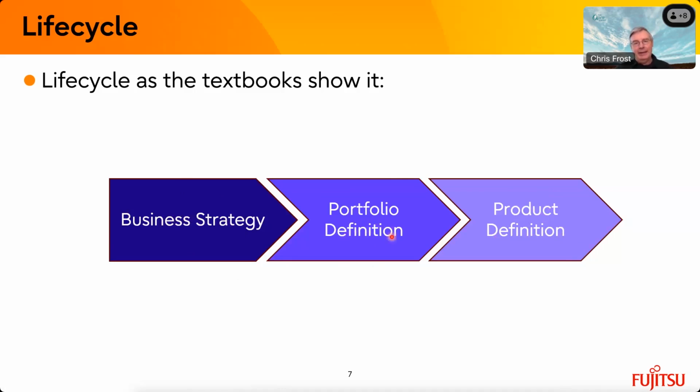And this is the sort of life cycle that you might typically see in textbooks, and there is indeed lots of material out there on the internet that talks about this flow from strategy through portfolio and into product.